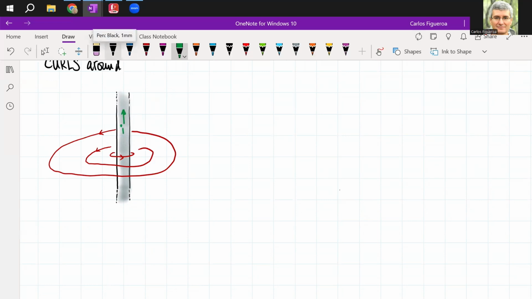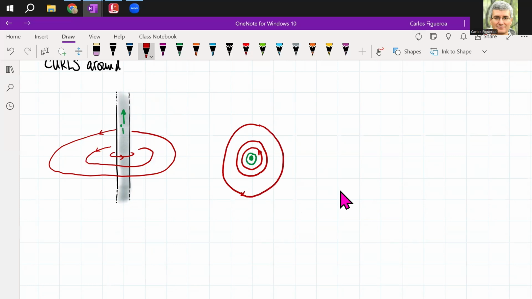Another nicer way to write this is to say that this is my current right here. So we know that we have magnetic fields that are doing like this. Oops, I think I'm going the wrong way. This current is wrong. So it's got to be going in this direction, and this one in that direction.